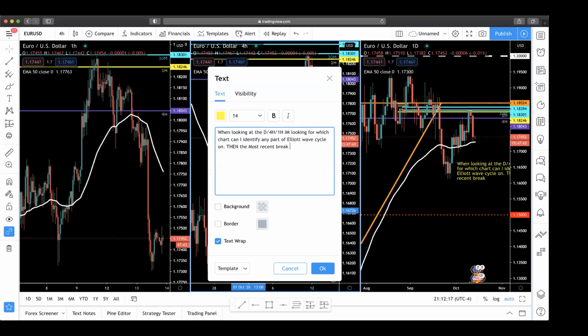So I see where I can identify the Elliott wave the clearest first, because that's going to help me identify other parts of it. Then once I identify that, I identify the most recent break of structure, which I'll cover tonight for you. We'll call this BOS.